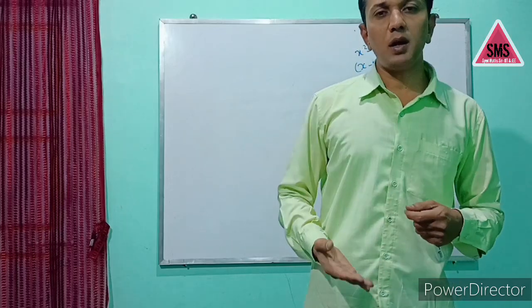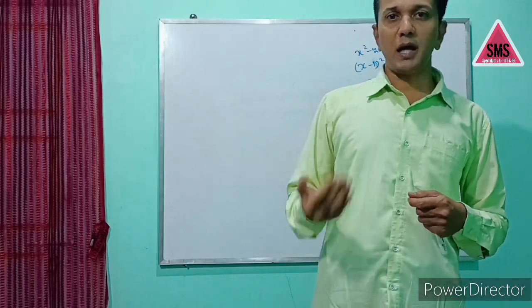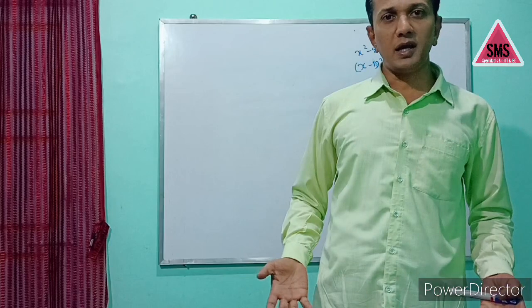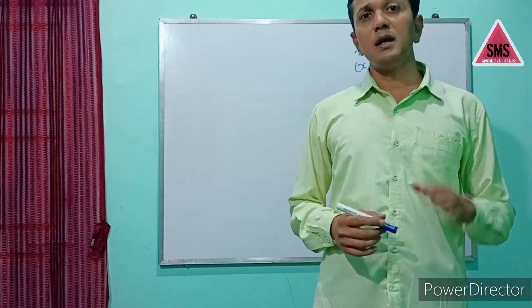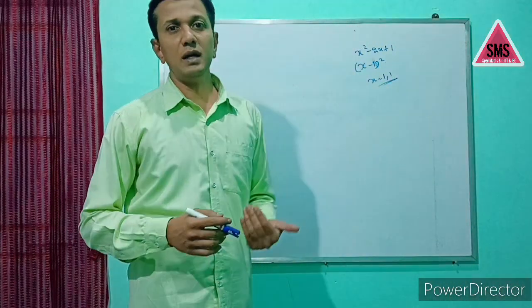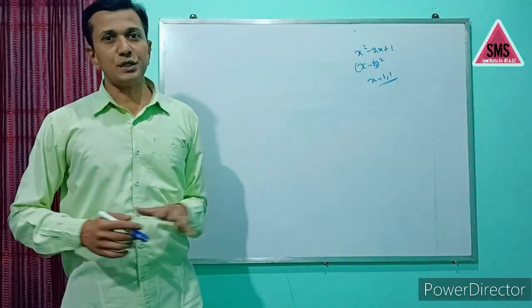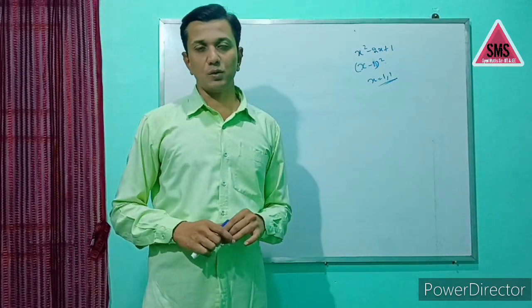Similarly, if you take a cubic polynomial, biquadratic polynomial, pentic polynomial, or any other nth degree polynomial, we will get some repetition of the zeros. This repetition is nothing but the multiplicity of zeros.